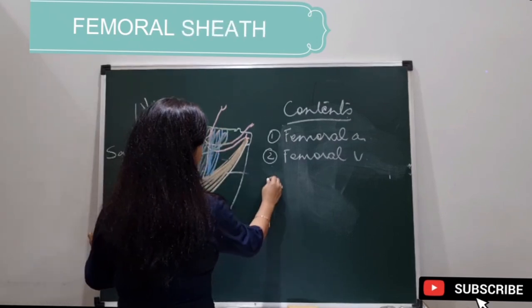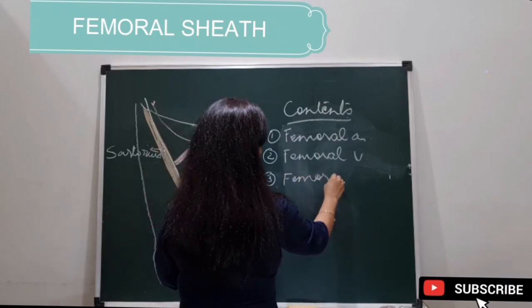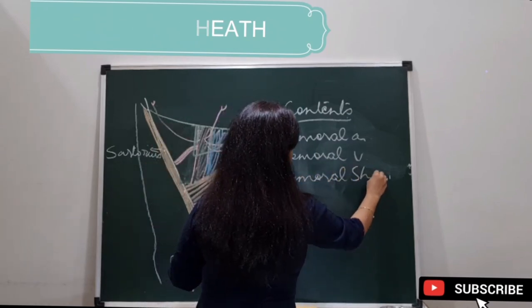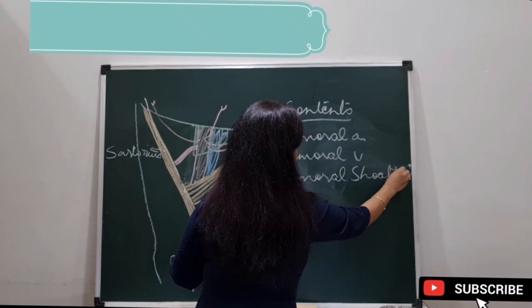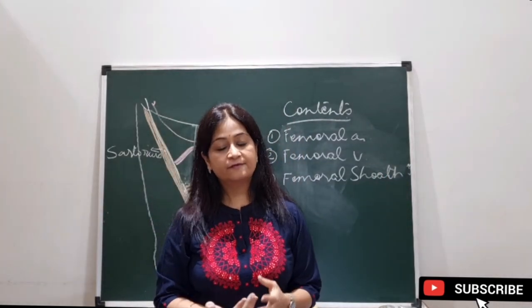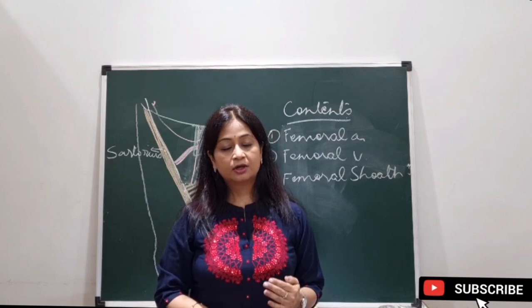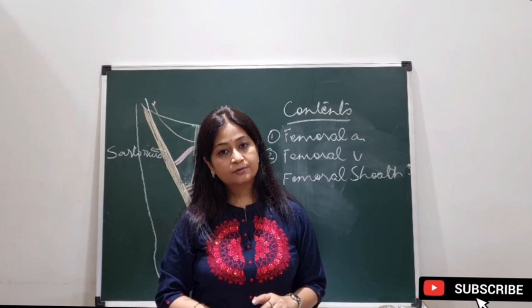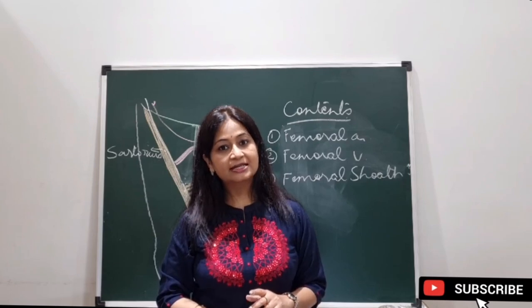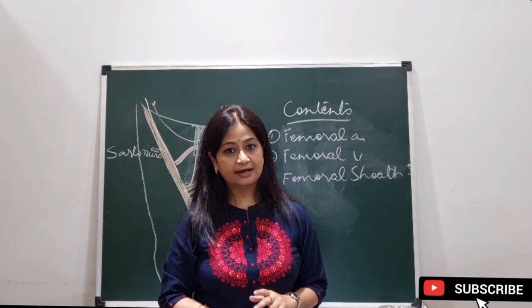So the third important content would be the femoral sheath. Now the femoral sheath is a prolongation of fascia from the abdomen, that is, the anterior wall of the femoral sheath is formed by fascia transversalis, while the posterior wall is formed by fascia iliaca.